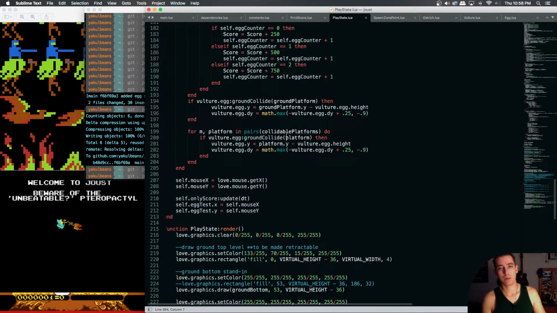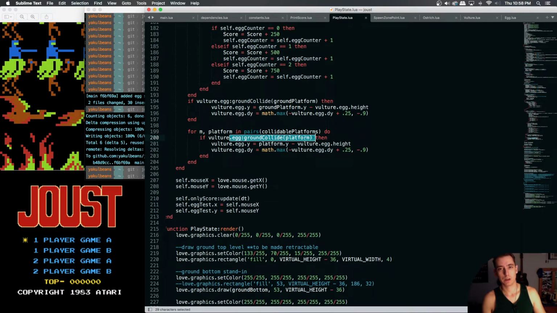For every platform in collidable platforms, we're checking egg ground collision first. And if so, we reset its Y, give it a bounce.